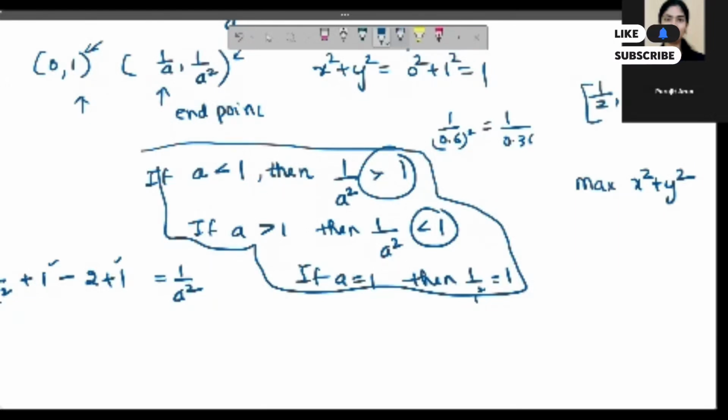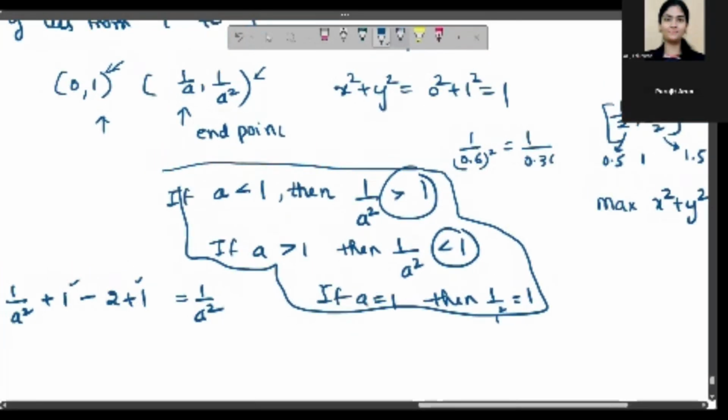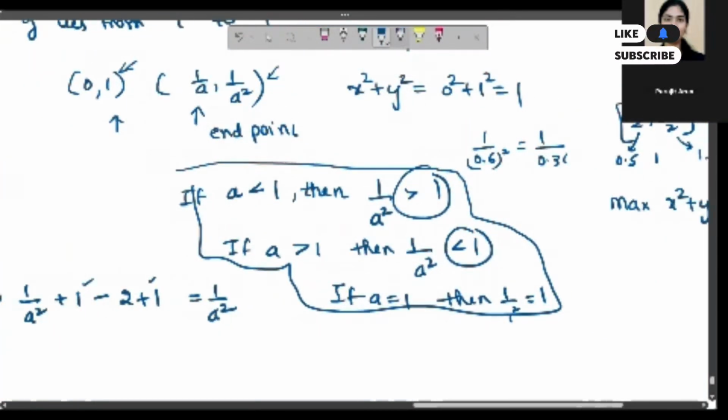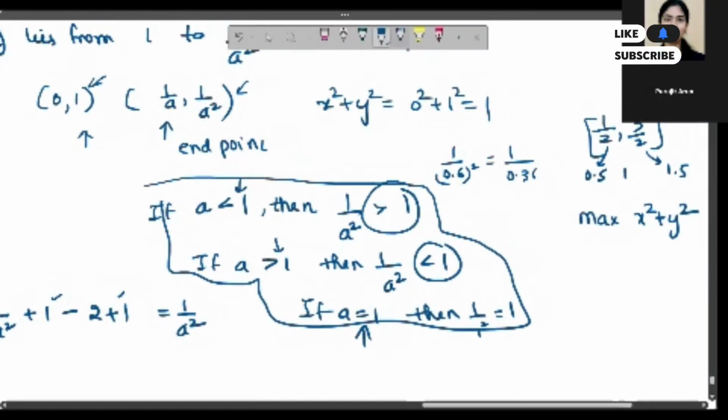I need to check. It will have various values from decreasing to increasing, all sorts of values. It has 0.5, it has 1 in between, it has 1.5, right? So I'm trying to see if it is lesser than 1, greater than 1, or equal to 1, then what is the value I'm getting for 1 by a square, that is y.